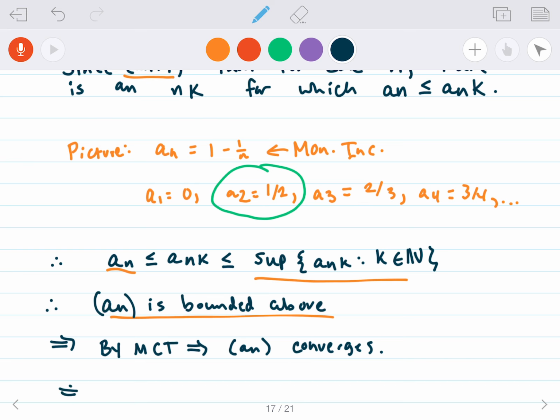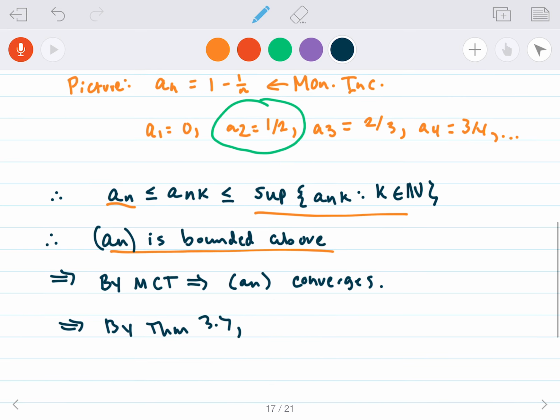And by Theorem 3.7, we know that if it converges to a limit, then every subsequence also converges to that limit.